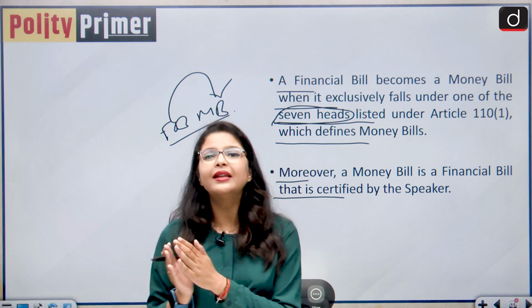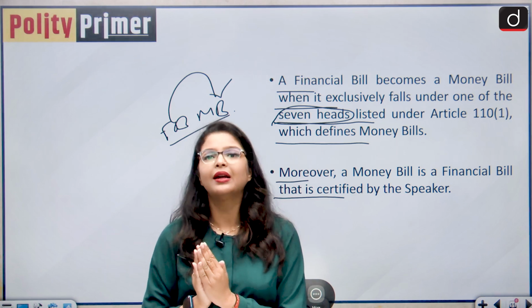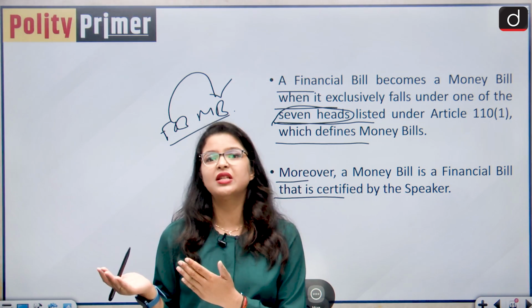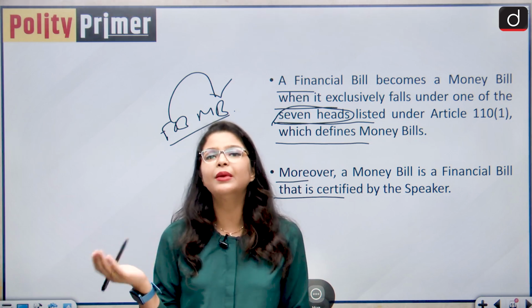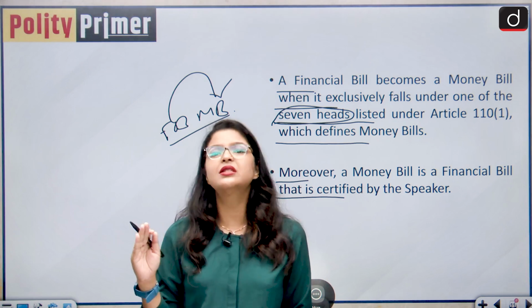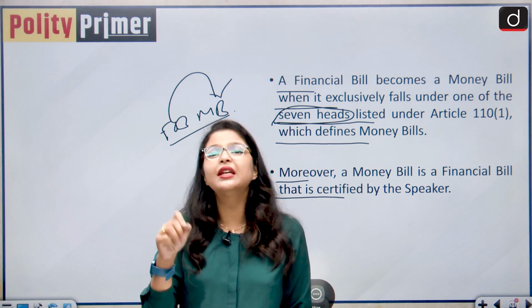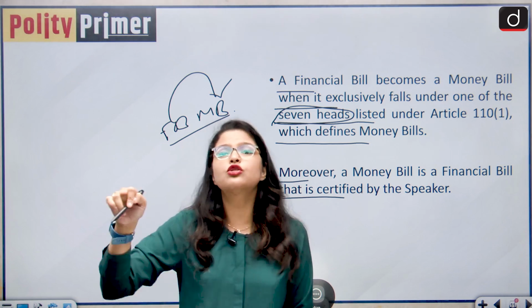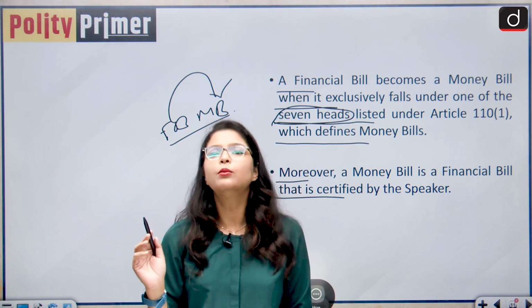The Rajya Sabha in this case has very limited power. It can only suggest recommendations, and if the recommendations are rejected by the Lok Sabha, then the bill is deemed to have been passed. And if within 14 days the Rajya Sabha does not act on the money bill, then also it is deemed to be passed by both of the houses.